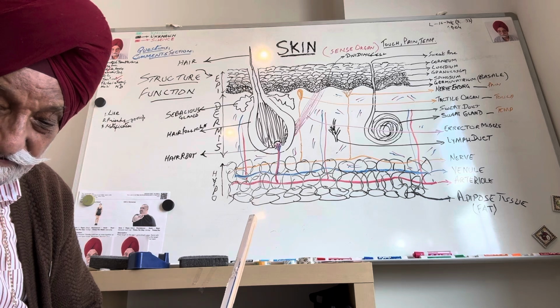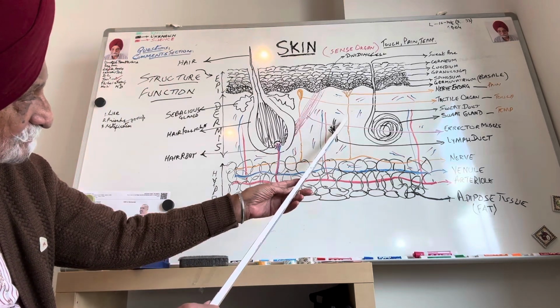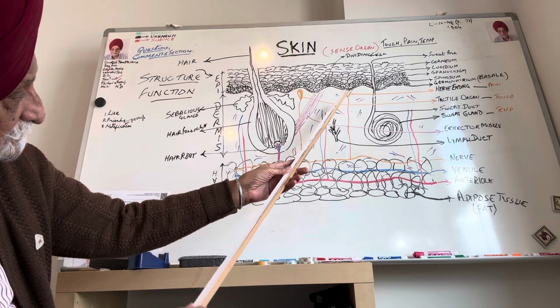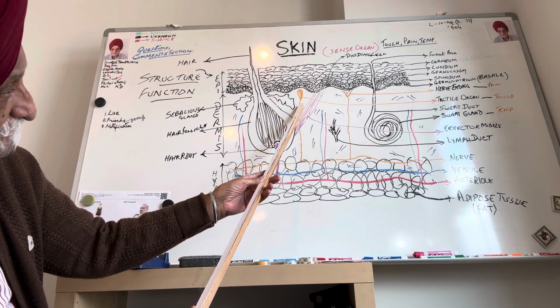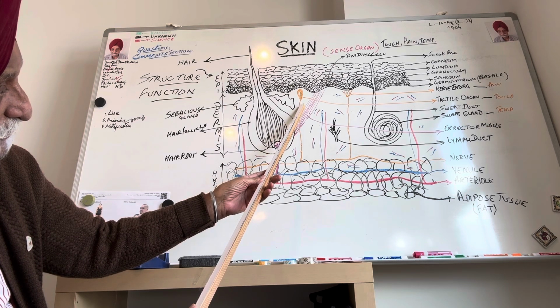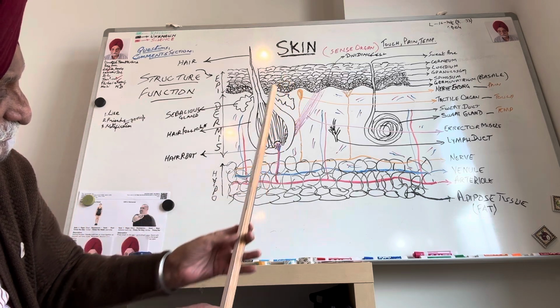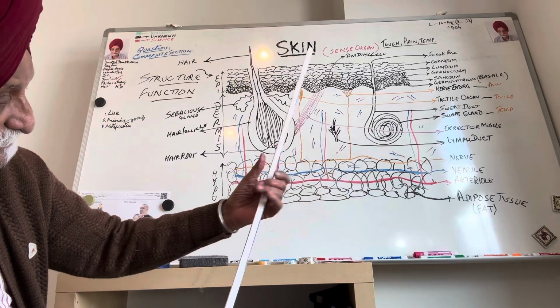The structures which are sensitive to pain are called nerve endings. The structures sensitive to touch are called tactile organs, and the structures sensitive to temperature are the sweat glands.